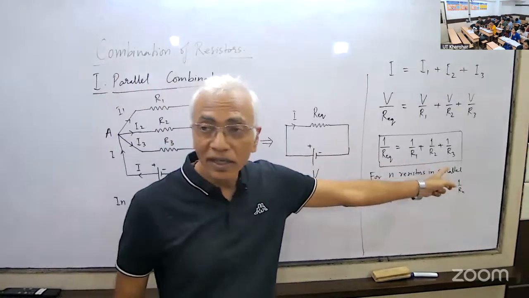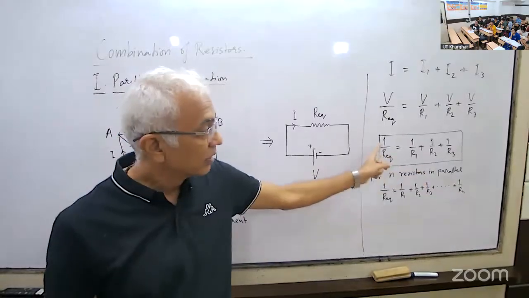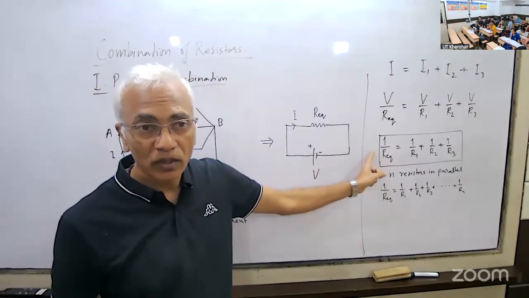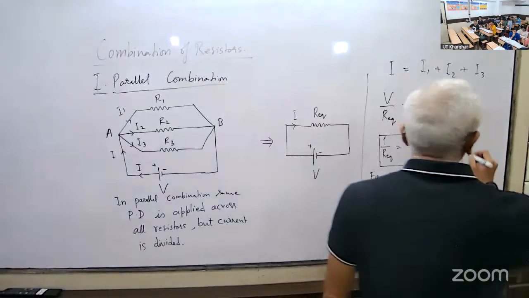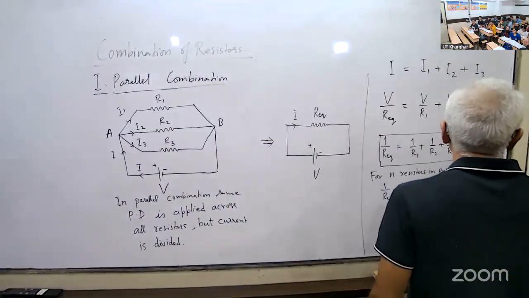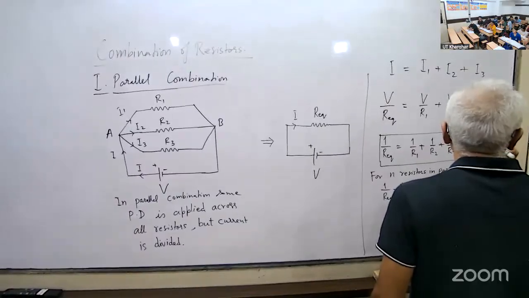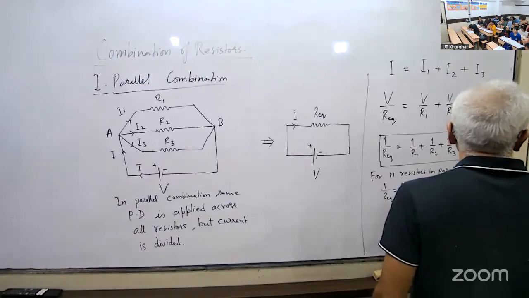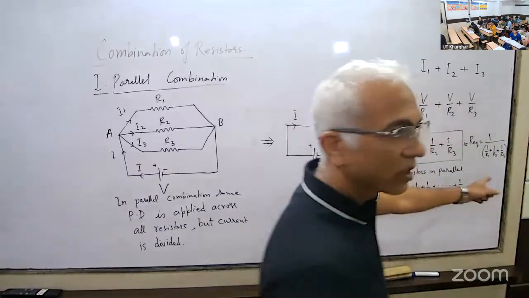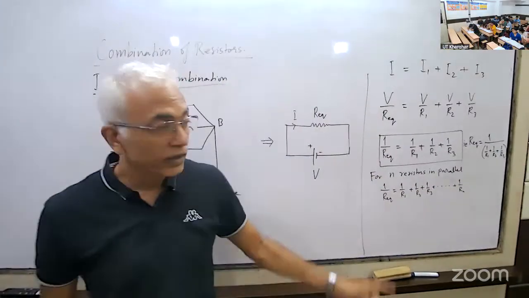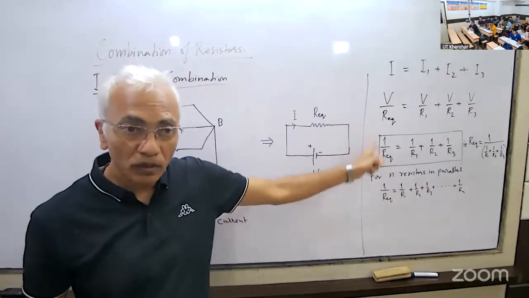What you have on the right hand side is the reciprocal of R equivalent, not R equivalent. So what is the final answer? R equivalent is equal to 1 divided by 1 by R1 plus 1 by R2 plus 1 by R3. This is the final answer. This is the reciprocal of R equivalent.